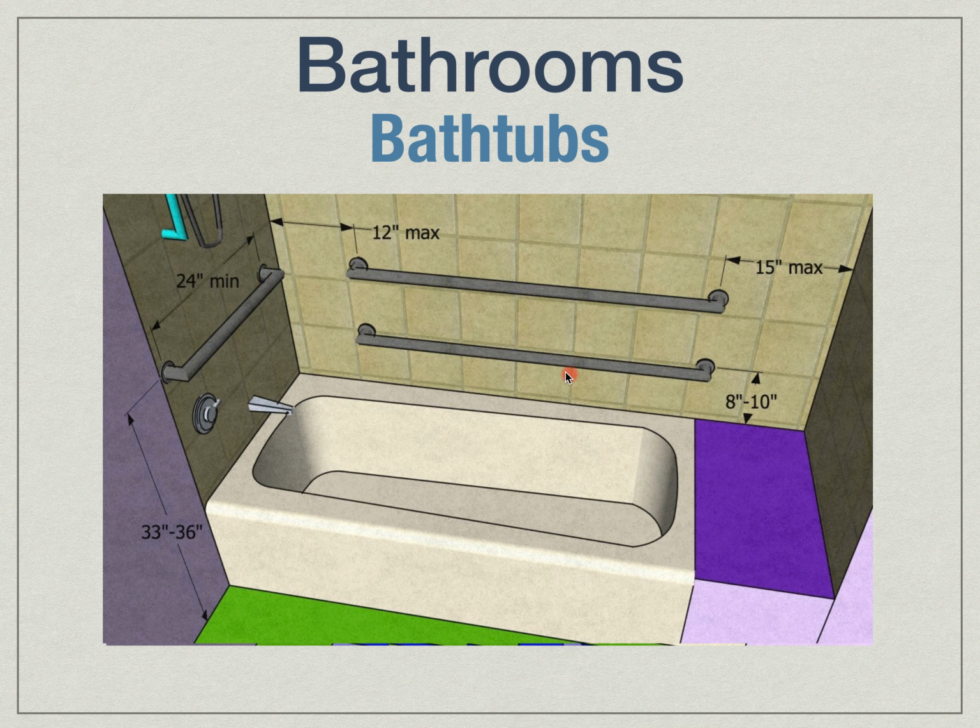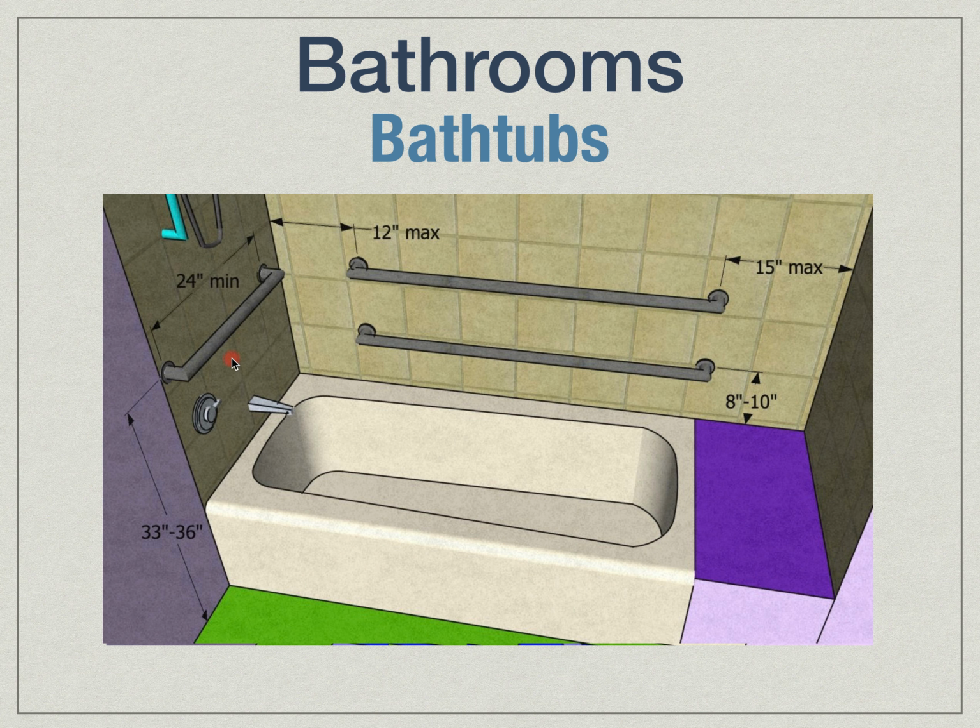And these two back ones, two parallel ones, are 12 inches from the end. On the back, 15 inches accommodates the seat, and this one is going to be the same as this one, 33 to 36 inches off the floor, and the second one is 8 to 10 inches above the tub.